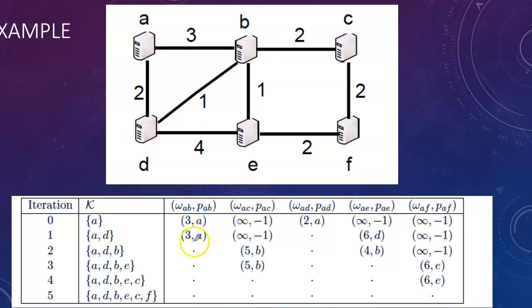The next one, which has the smallest cost so far at this point, is B. So we include B. Once we include B, we update the distances of C and E. Now between C and E, which are the nodes that are currently not selected into K, E has a smaller cost, so we select E and update the costs of C and F. And now C is selected, and then finally F is selected.